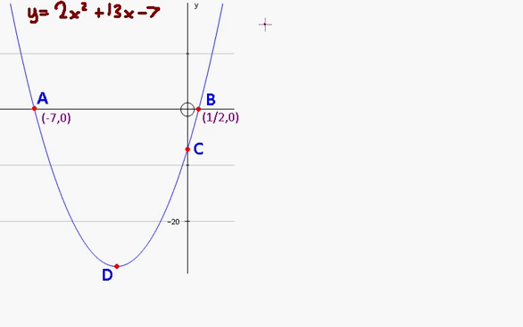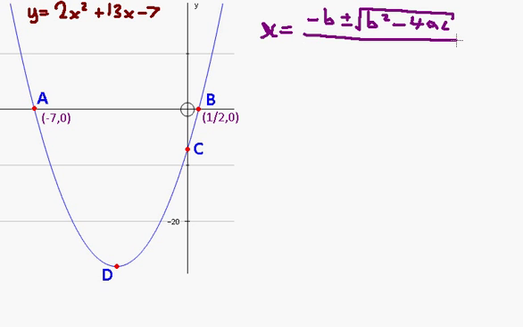The quadratic formula is x is equal to minus b plus or minus the square root of b squared minus 4ac, all over 2a.